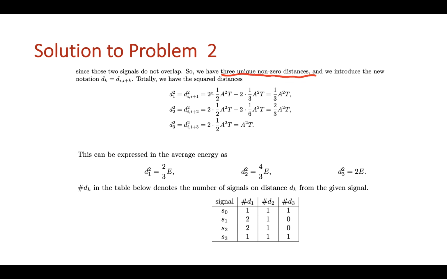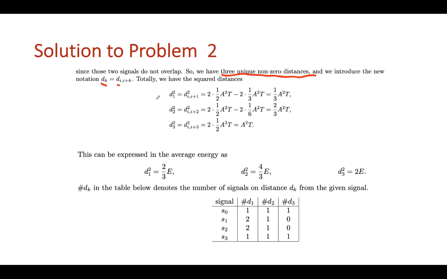You introduce a new notation called dk, that is equal to d(i, i+k). So dk is basically the distance between any signal and another signal at an index that is k apart.